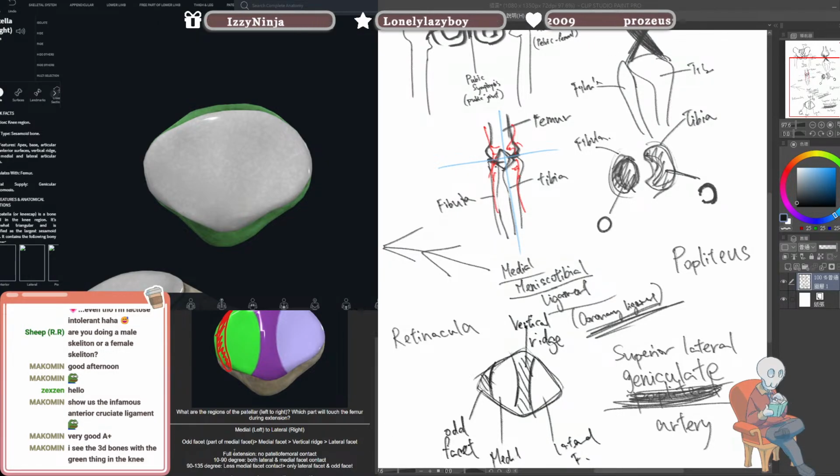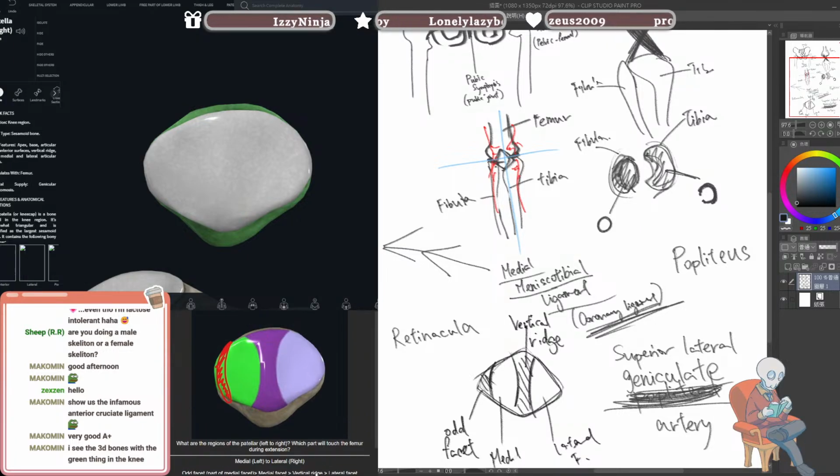If it is 90 to 135 degrees bent, there's less medial facet contact, and you only touch the lateral and odd facet. Wait a minute, which part will touch the femur? Odd facet and lateral facet, both extreme sides. Okay. Right.